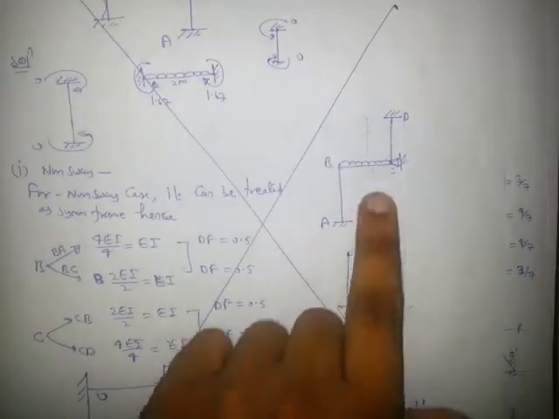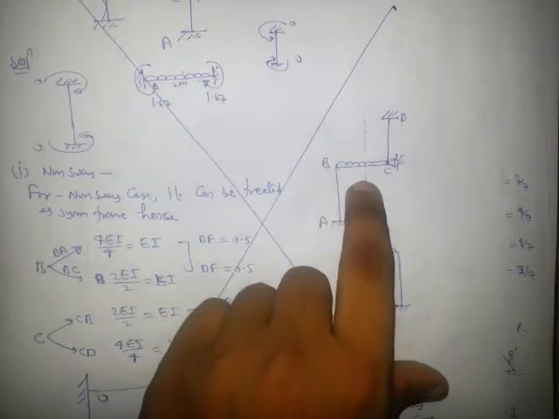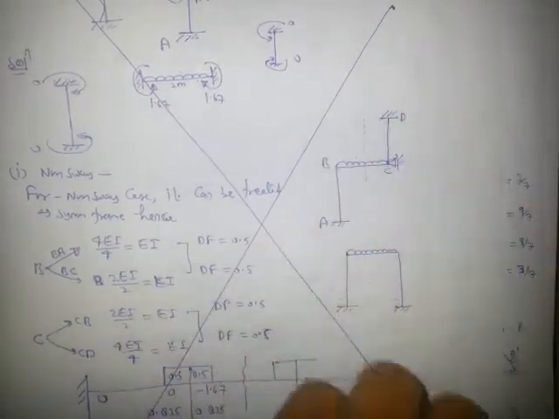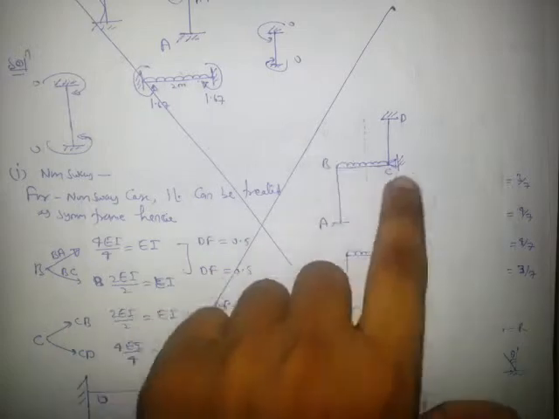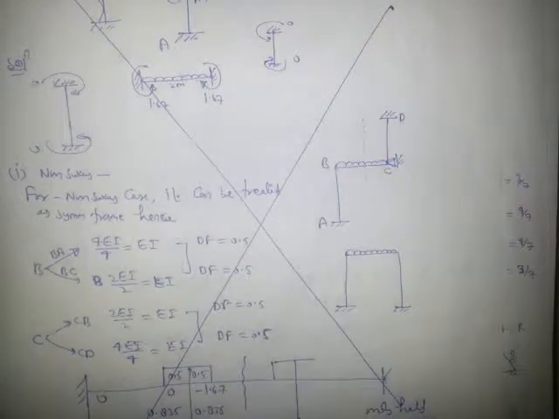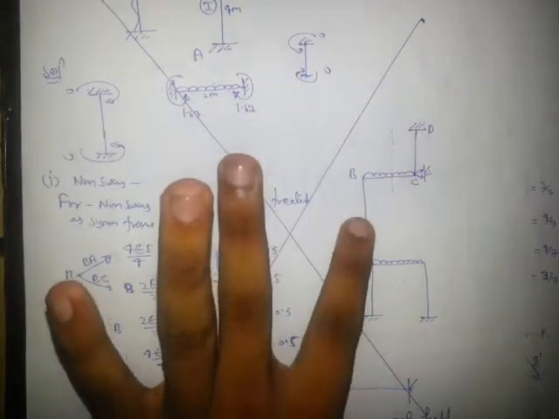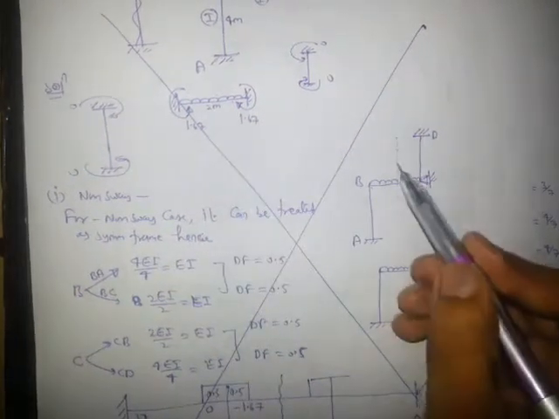So while doing non-sway analysis, you can do the analysis of half. Otherwise you will have to do the analysis of complete BA, BC, CB, CD, right? So you can see that it looks symmetrical. So you can analyze the half.